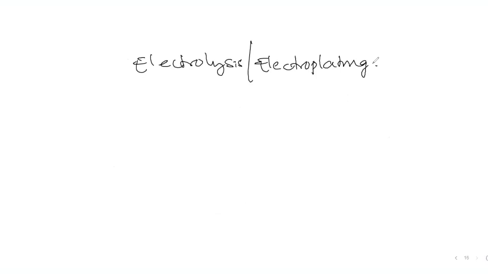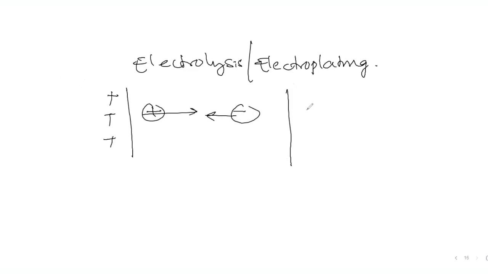When electric current is allowed to pass through fluids, cations, that is positive ions, and anions, that is negative ions, move in opposite directions when an electric field is applied. Suppose this is the positive plate and this is the negative plate. I applied an electric field. Positive ions move in this direction, negative ions move in this direction. To get conduction in fluids, motion of both positive and negative charges is required.